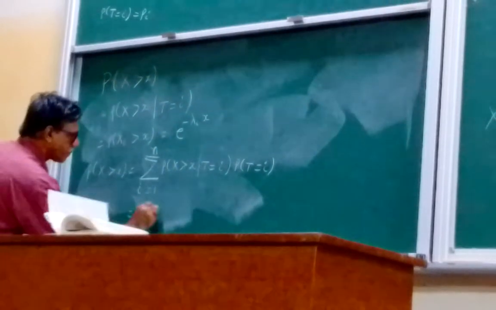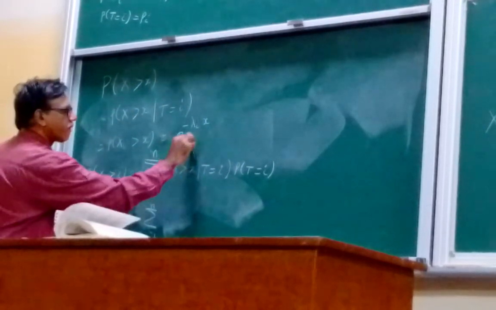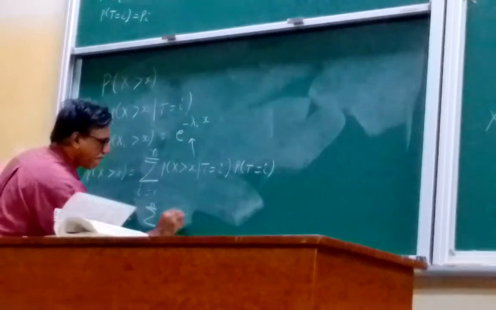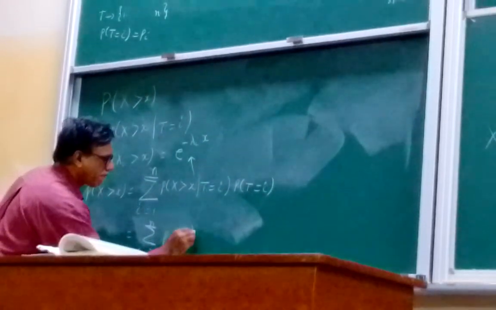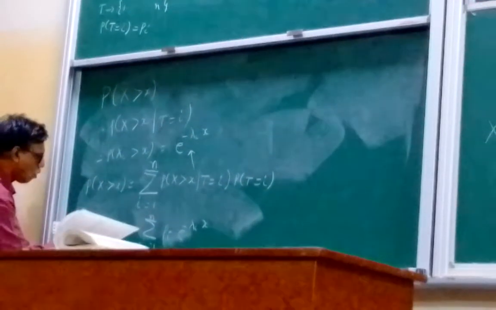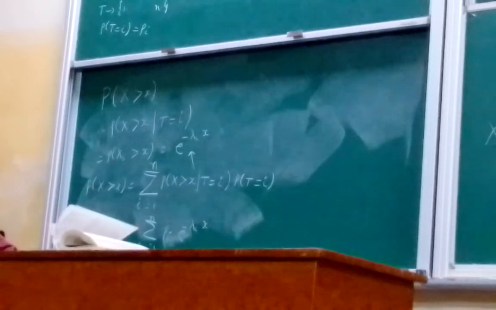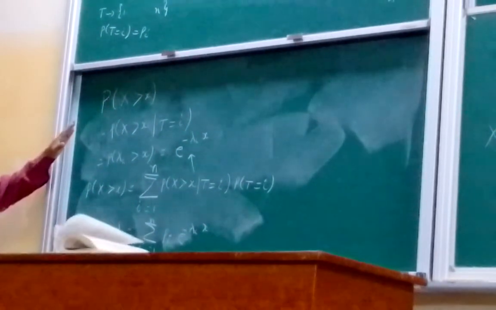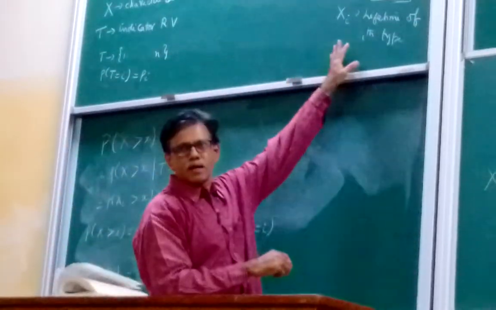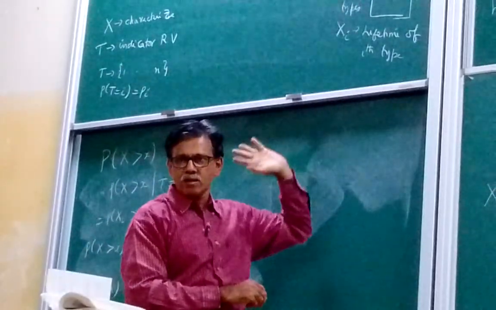This is nothing but this. And what is this one? This is P, this is 1 minus Fx of x. So X is the one which corresponds to the lifetime of an arbitrarily picked component out of n.